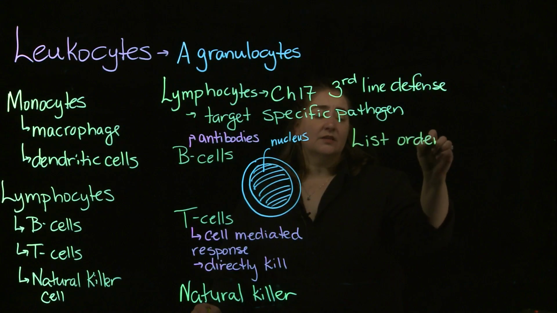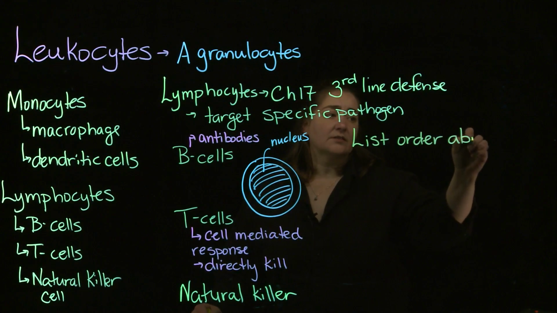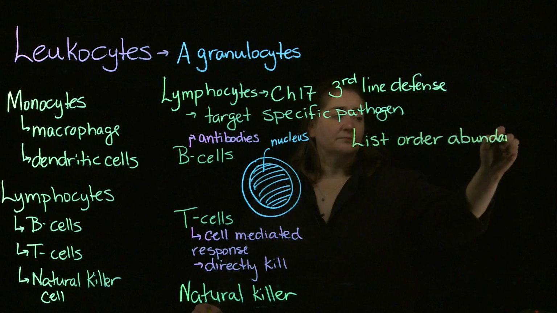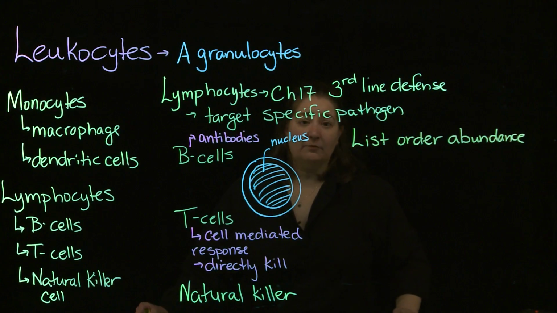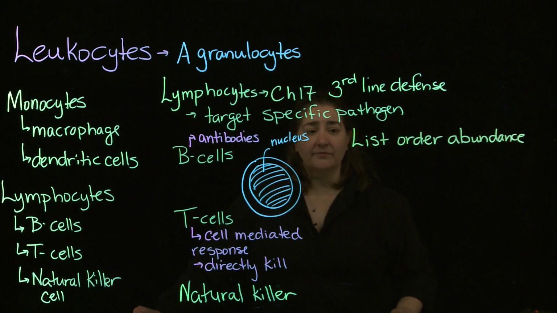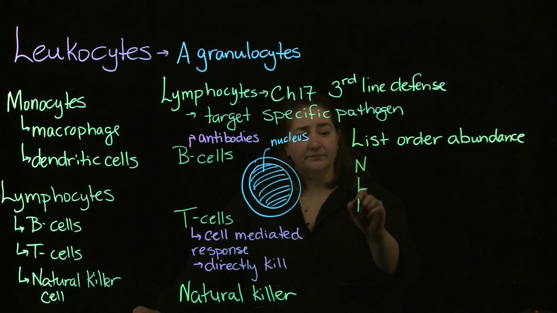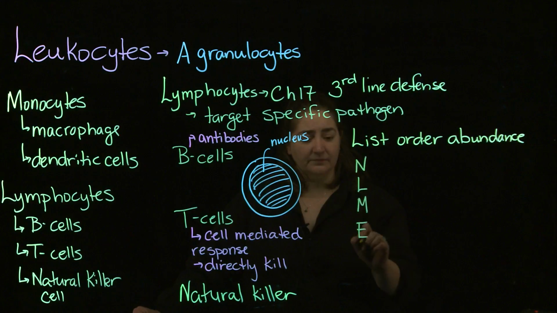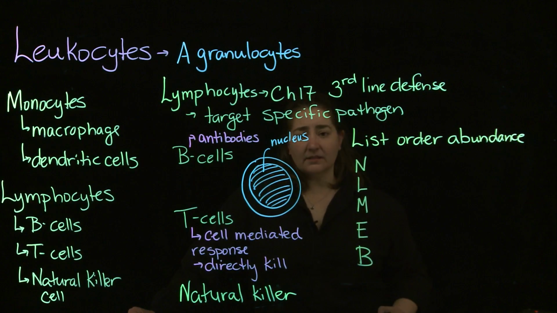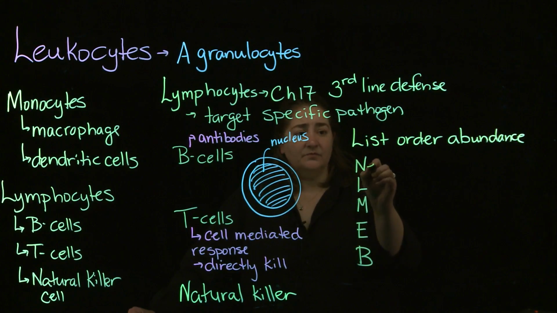One of the other things that I'm going to want you to be able to do is list the order of abundance of the different white blood cells. This is how that pans out.